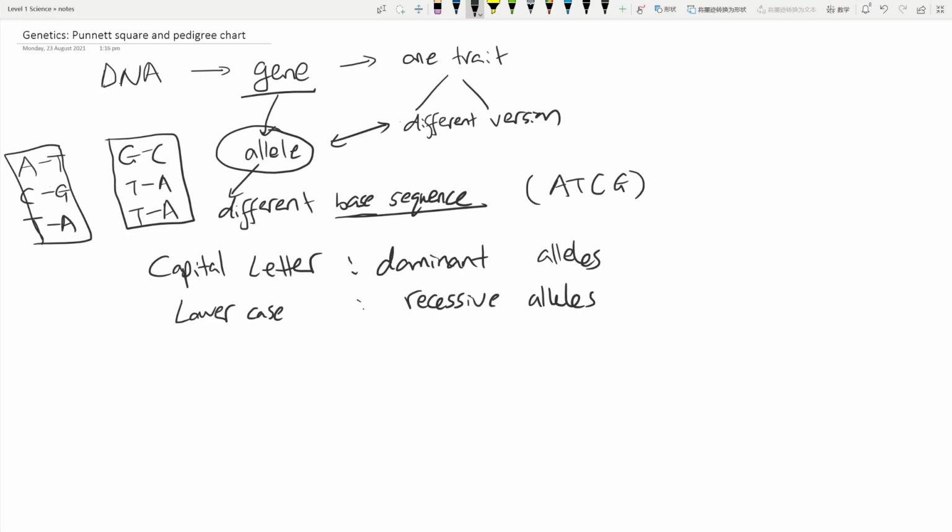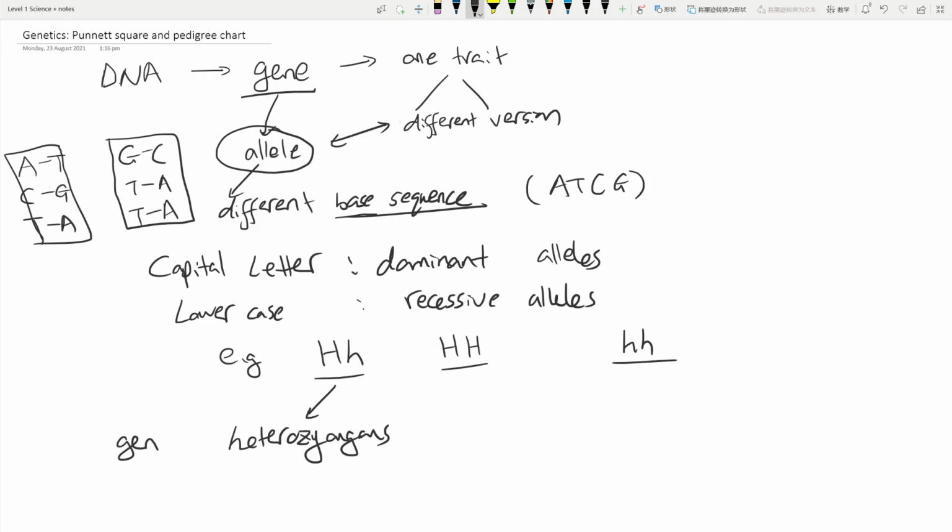So, for example, if I use capital H and lowercase h, H for hairline, there are three different combinations of how it could look. When you have one of each, a capital H and a lowercase h, this is what we call a heterozygous genotype.